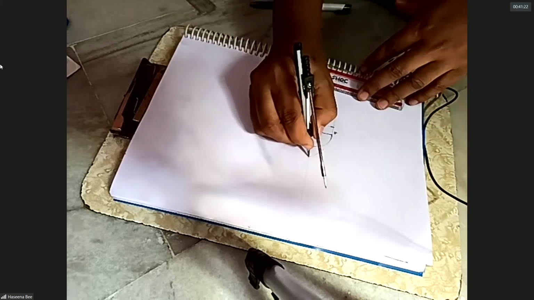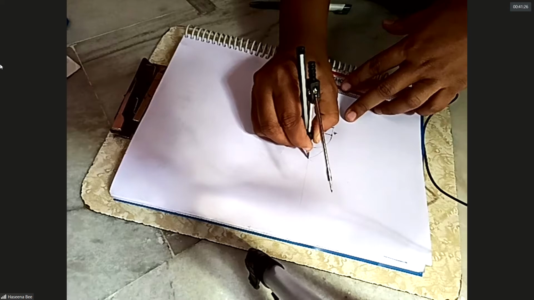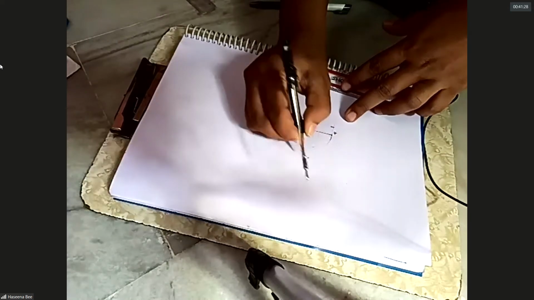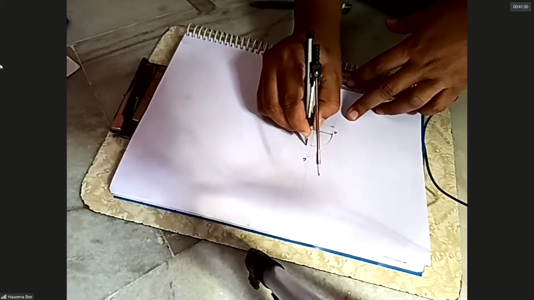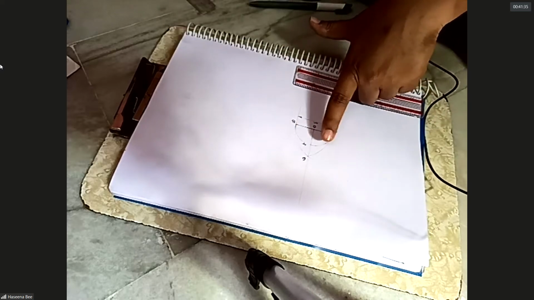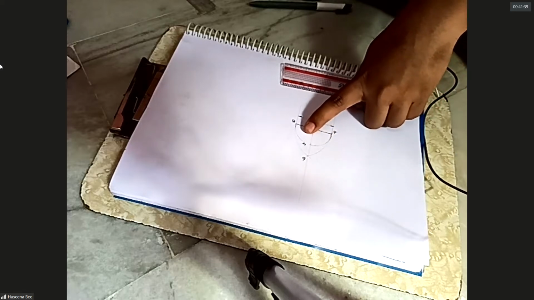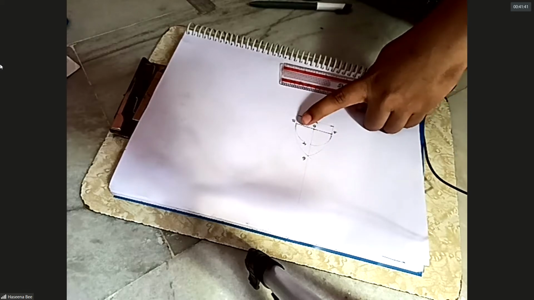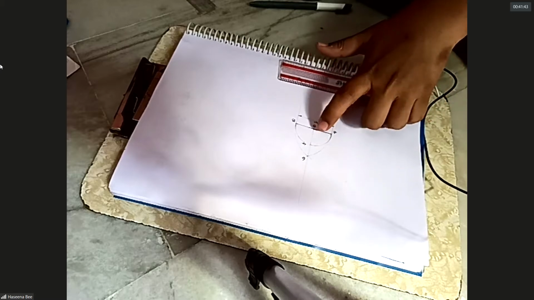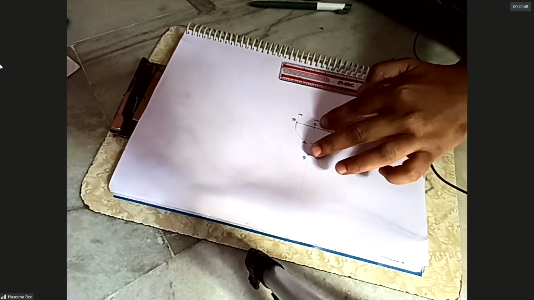Wherever it is intersecting, that point we always name as 6, and this point we always name 4. Wherever the semicircle is intersecting on this perpendicular line, we'll name that point as 4. Sorry, 40 means half, this is the full length.